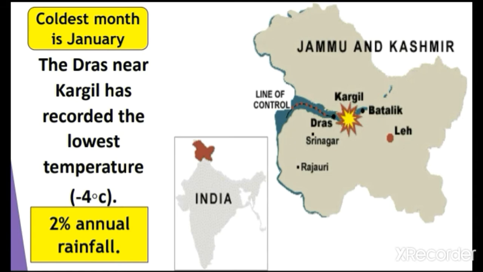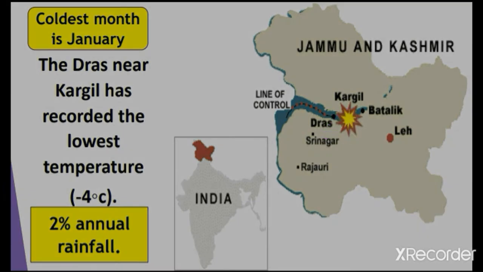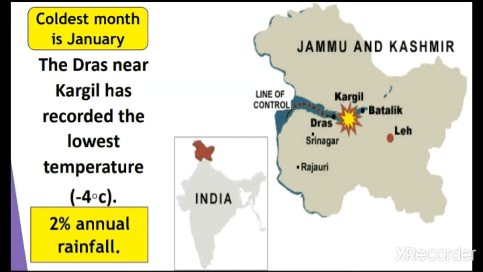Dras near Kargil in Jammu and Kashmir has recorded the lowest temperature, -4 degrees Celsius. And the annual rainfall in winter season is only 2%.